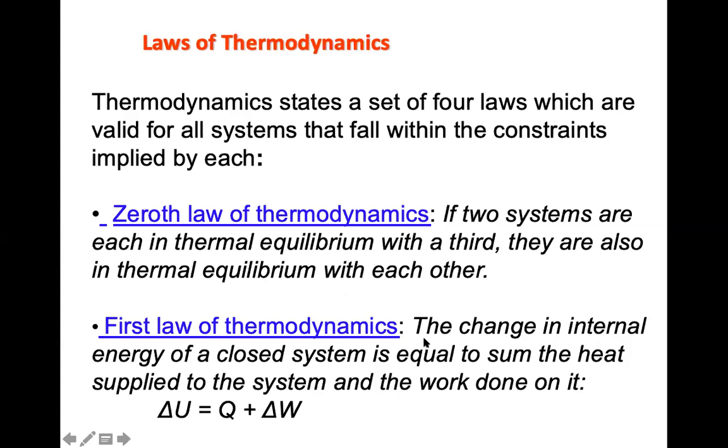First law of thermodynamics: the change in internal energy of a closed system is equal to the sum of the heat supplied to the system and the work done on it. Here, loss of energy is not considered because the system is closed and there is no way to lose the energy.